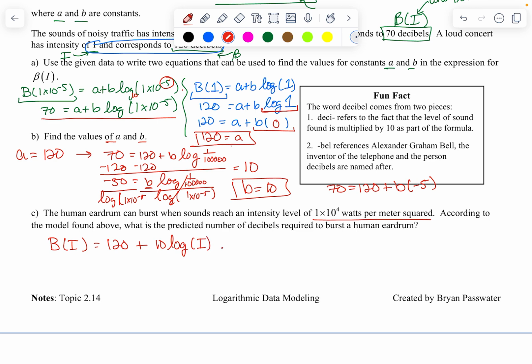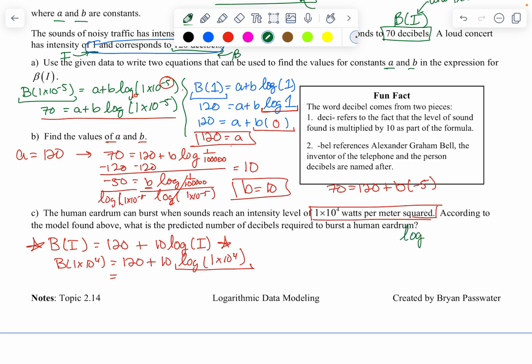So this is the function that we solved for. And now we have an input value for I. So B of 1 times 10 to the fourth is equal to 120 plus 10 log of 1 times 10 to the 4. So what does this equal? Well, a little side work here.